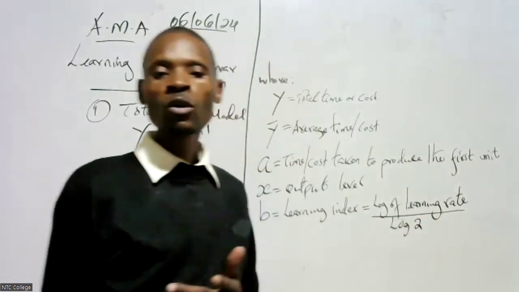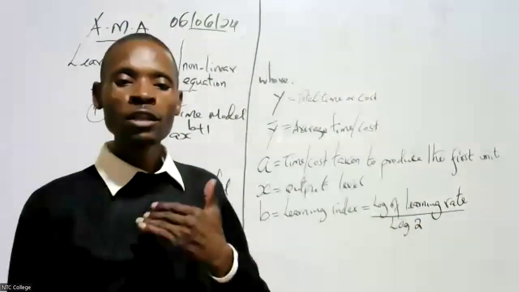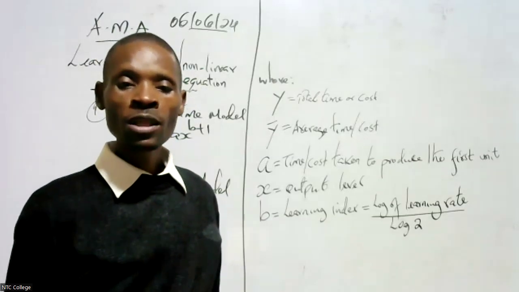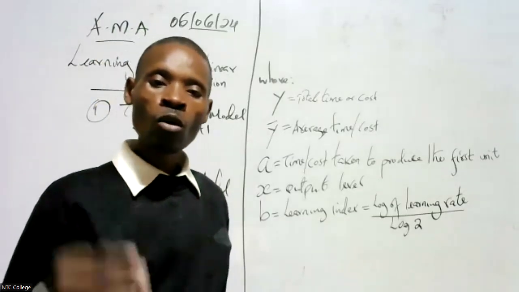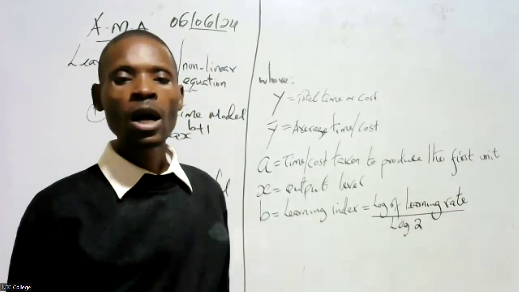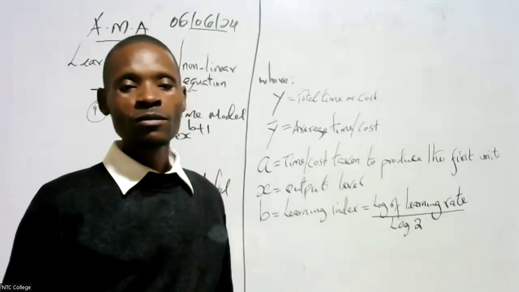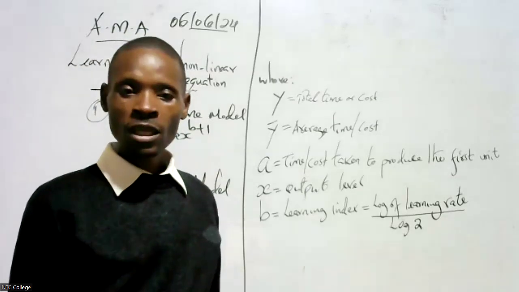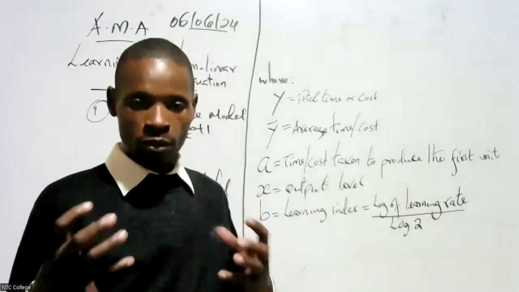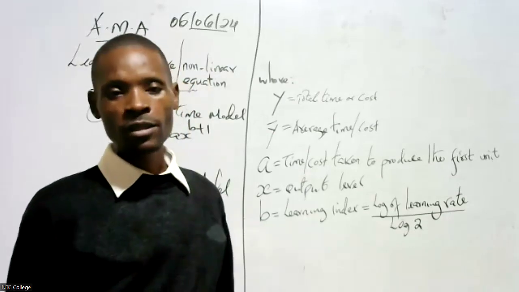Learning rate, or sometimes called improvement rate, varies from one individual to another, which is very, very practical. We say that we are not all equal. We have fast learners, we have remedial, and we have slow learners. It depends in that particular company how the employees grasp information and work experience.